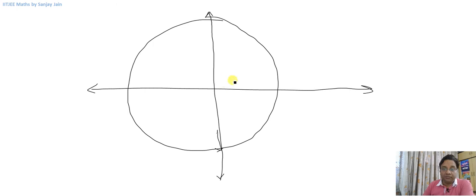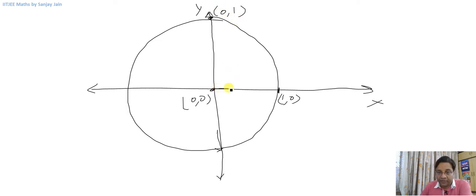So in the previous lectures, we discussed that if this is the x-axis, this is the y-axis, this is 0, 0, the origin, and this is the unit circle that we are talking about. So the coordinates of this point are 1, 0, coordinates of this point are 0, 1, right? So the angle corresponding to this side, the x-axis, will be 0 degrees because this is 90, right?